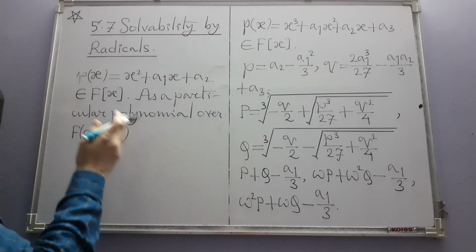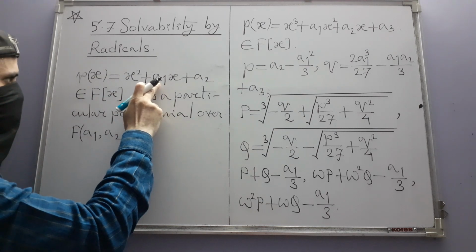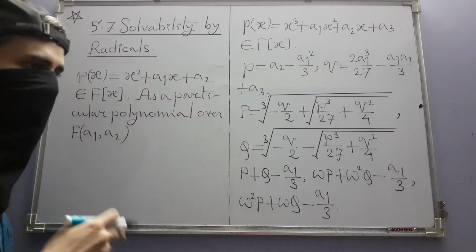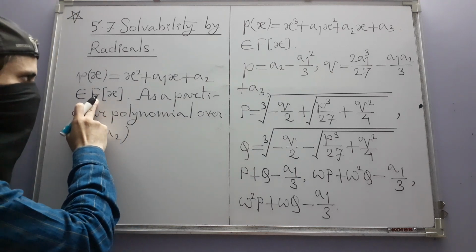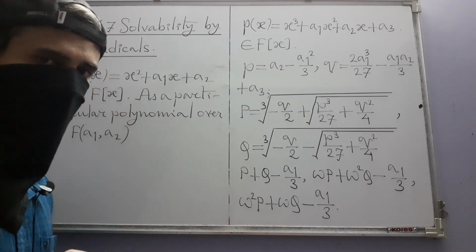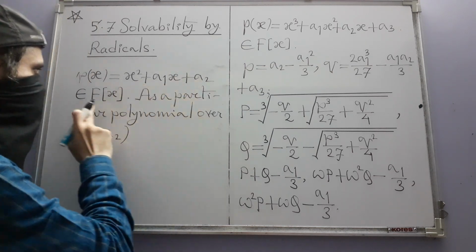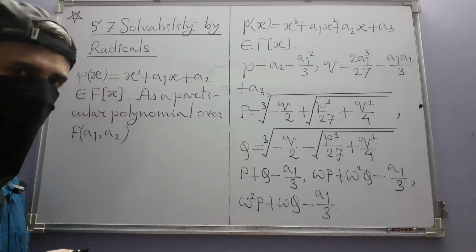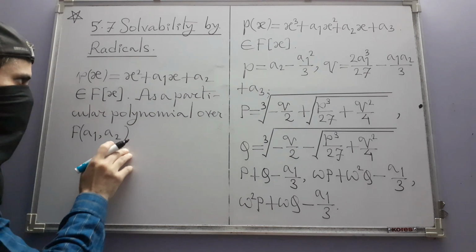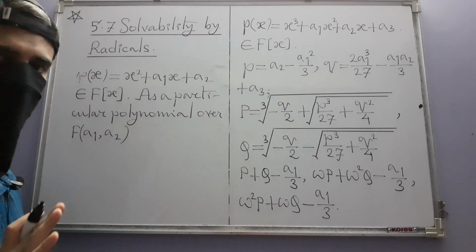That's because you see the general nature of the polynomial means that a1 and a2, although they are elements of F, are not some specific elements of F. They are themselves variables varying over F. So a1 and a2 are just a1 and a2.